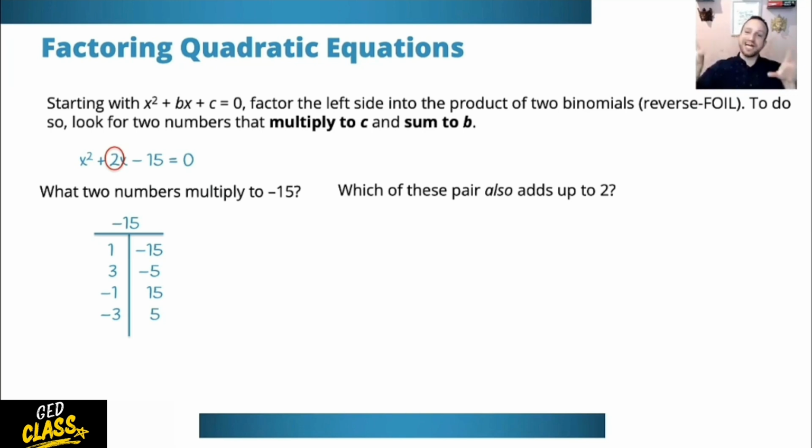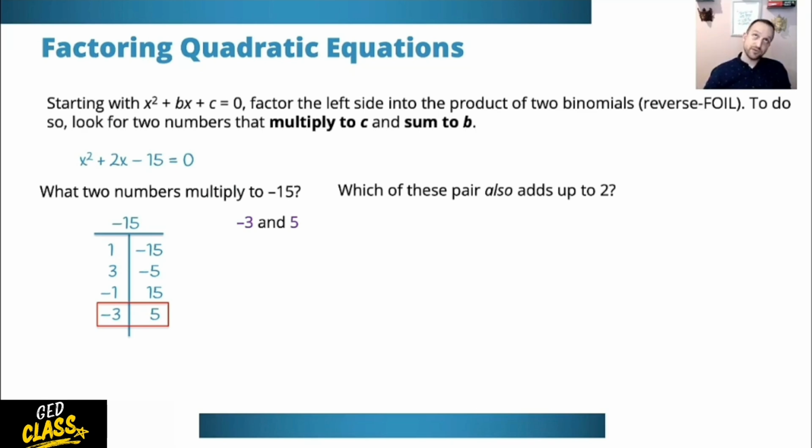When we FOILed out whatever this thing is we're solving for, we would have gotten those two values, then combining those like terms would give us the positive 2. So which row in the table we just made gives us two values that when we add them together, the sum is positive 2? Looks like negative 3 and 5.